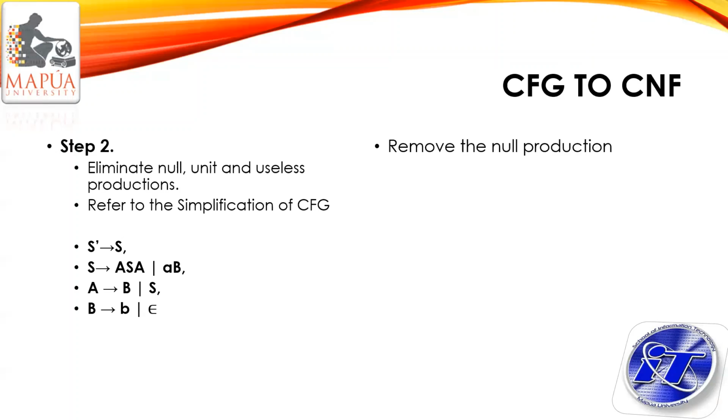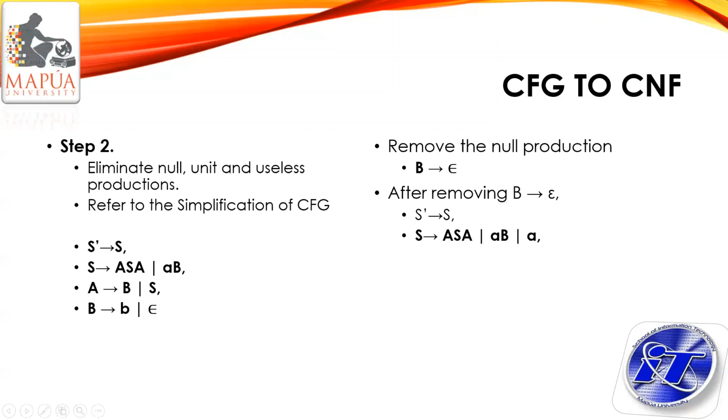For the first rule, just copy and then apply null to B. Originally we have ASA or AB, and then apply null, so we have A null, which is just A. So just write A here. Then on the third rule, A yields to B or S, and then apply null to B. So now we have three results for non-terminal A: non-terminal B, non-terminal S, and null.